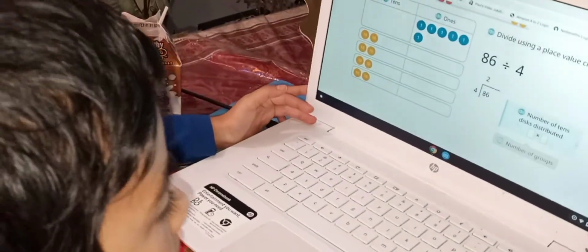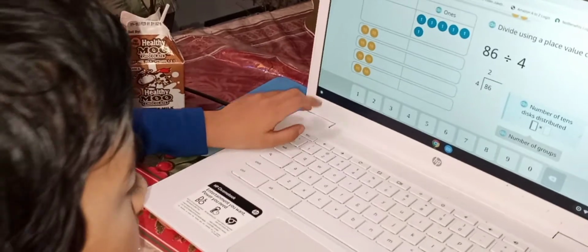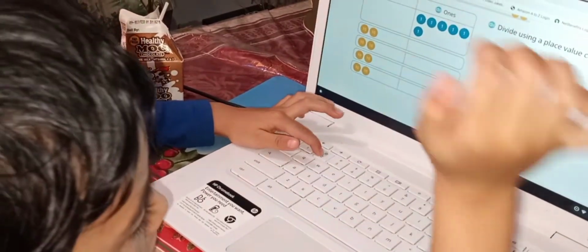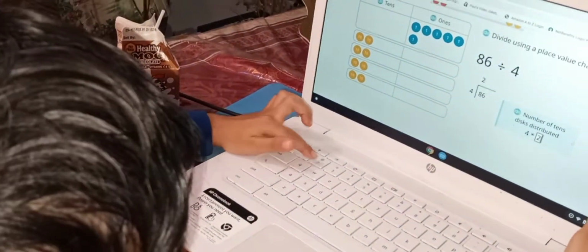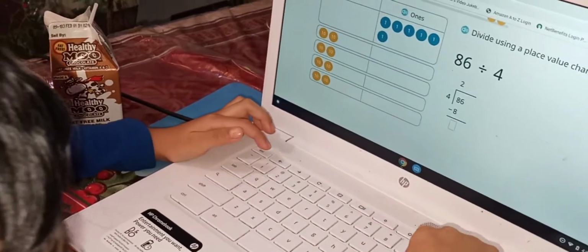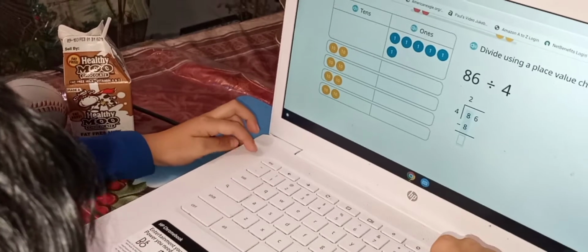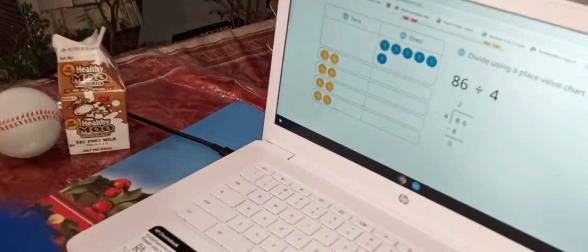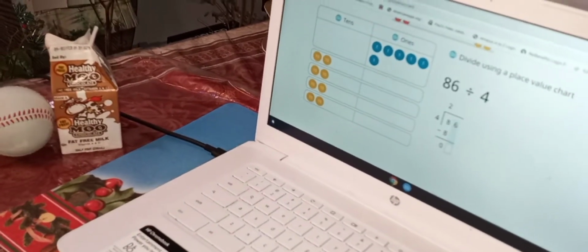And now you multiply 4 times 2. That equals 8. So now you subtract. 8 minus 8 equals nothing. And then you bring down the ones, the 6 ones that's left.